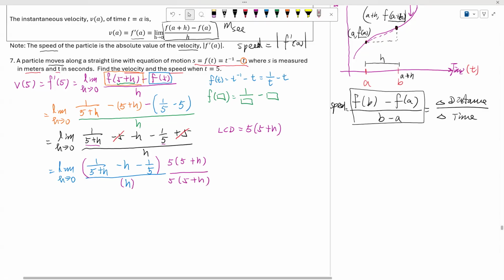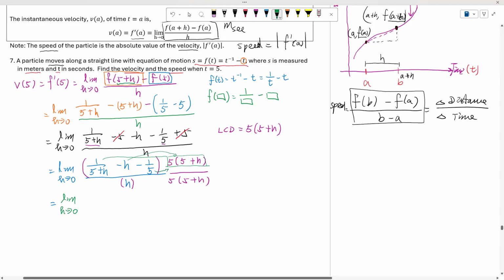So if I do this, I will have, again, this one multiplied to this whole thing, and then this multiplied to this.